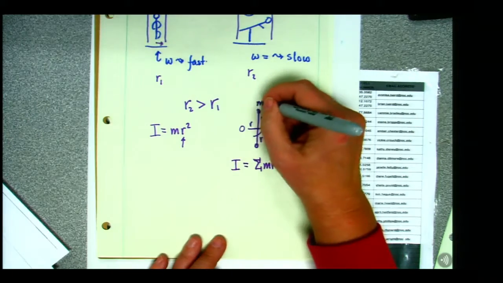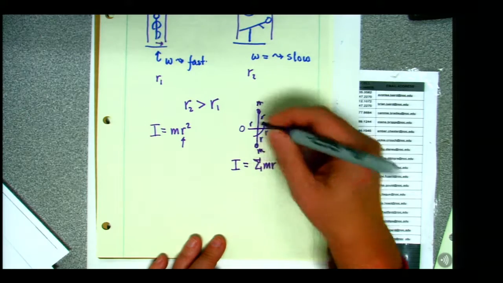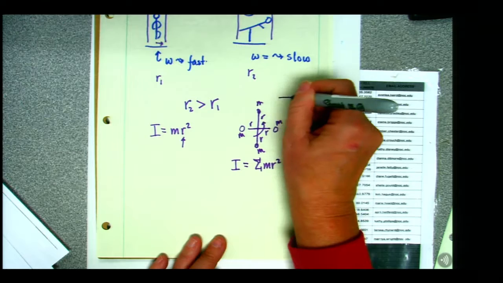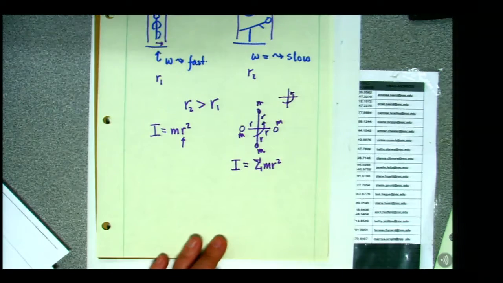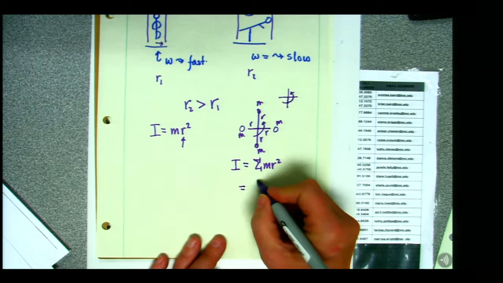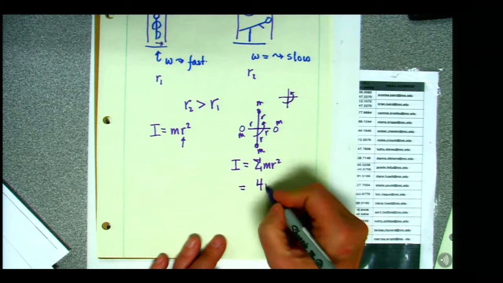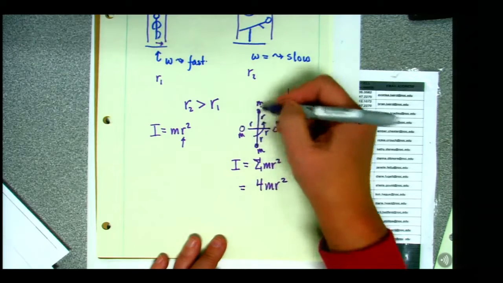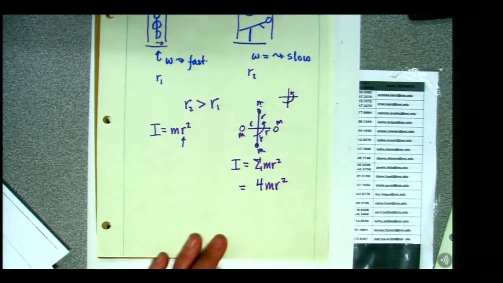So if these are M and M and M and M, and I'm rotating it, it becomes very important as to what axis I'm rotating it on. So in this case, this is going to be 4 mr squared, because I have one mass at each of the corners and they're all r apart.